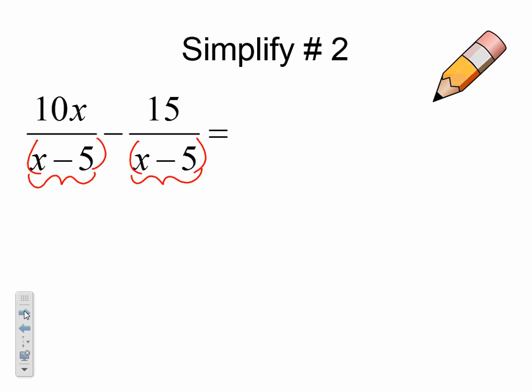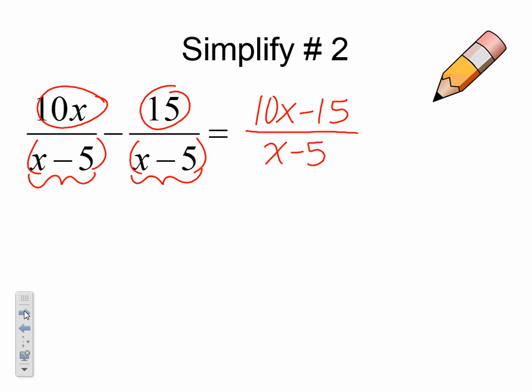So I don't need to do anything to make common denominators, and that means I can simply subtract the numerators. 10x is now a numerator that I'm going to subtract 15 from. Can you subtract 10x minus 15? No, because they're not like terms. So I would just keep it as 10x minus 15, and again, the denominator stays x minus 5.